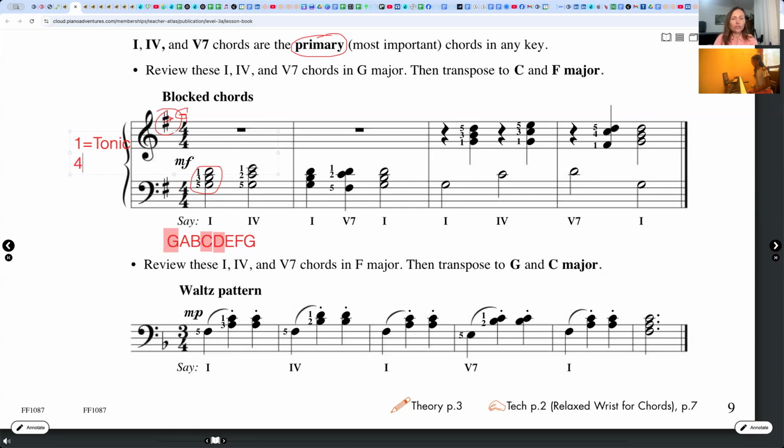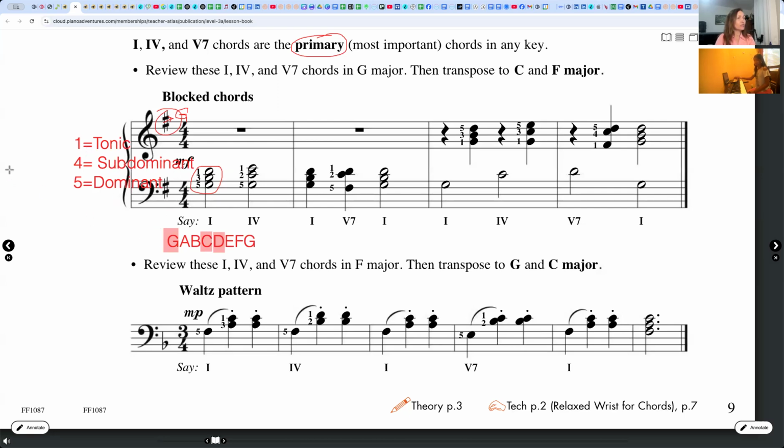The 4th is subdominant. Sub means under, underneath, subdominant. And then the 5th, how do we call it? Dominant, yeah. So we have those primary chords: tonic, subdominant, dominant.